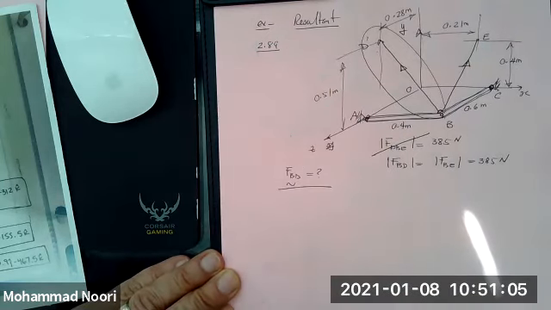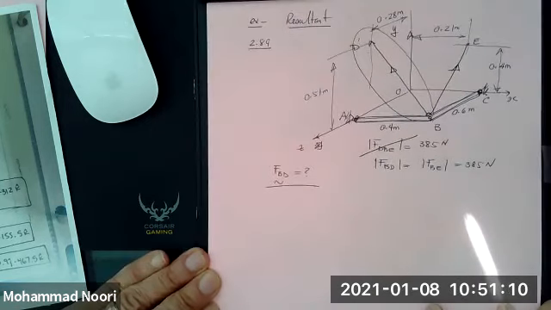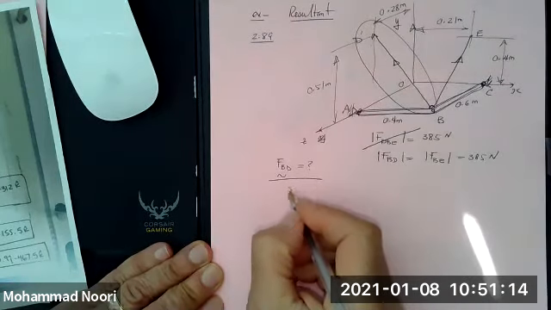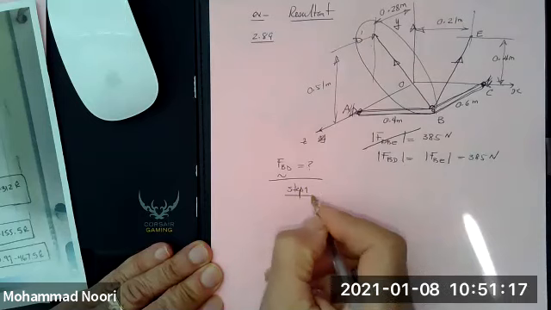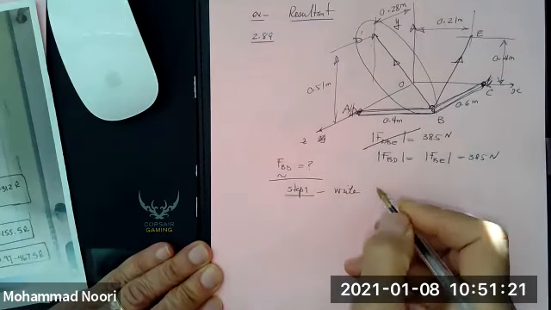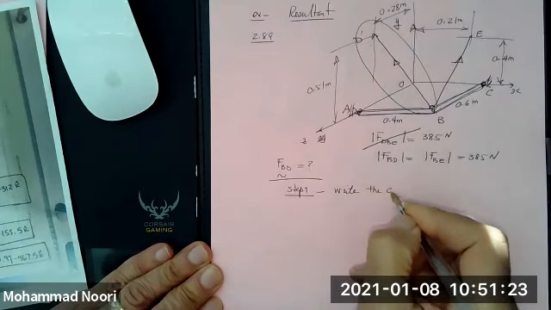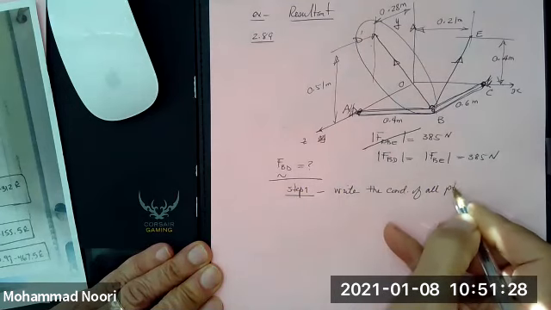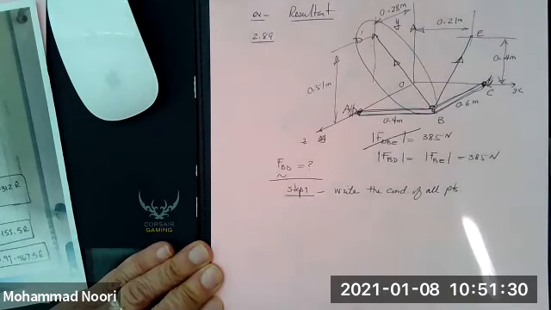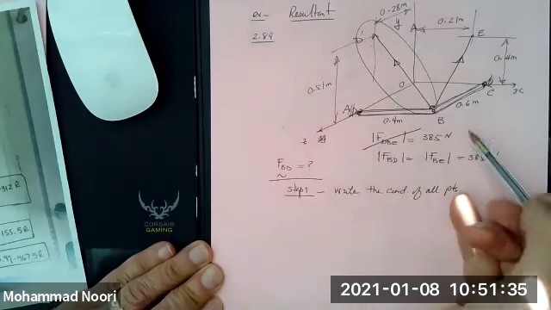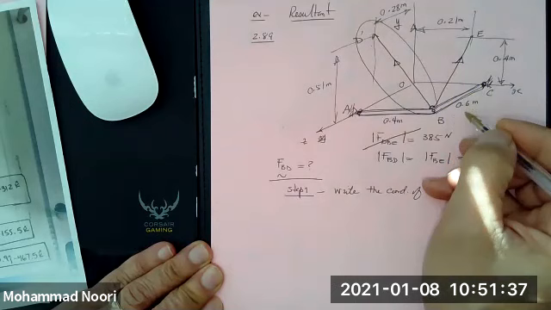In all three problems, so that you don't make unnecessary mistakes, I would suggest that as step one, you write down the coordinates of all points that are shown in the figure, because you need them to write the vector equation. So I'm going to write all these down.